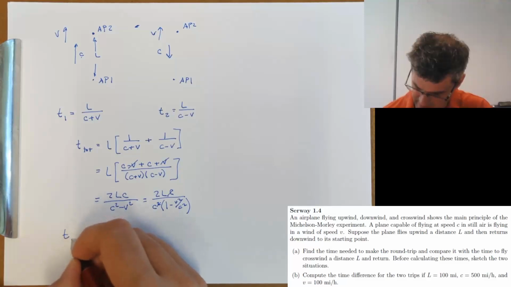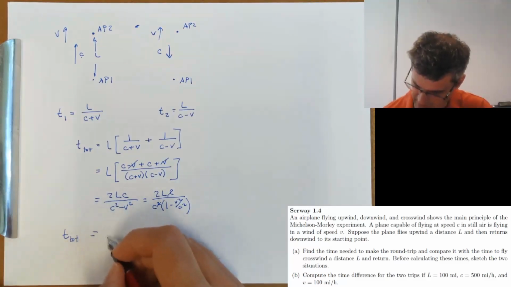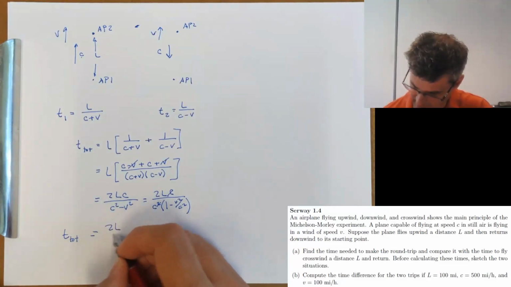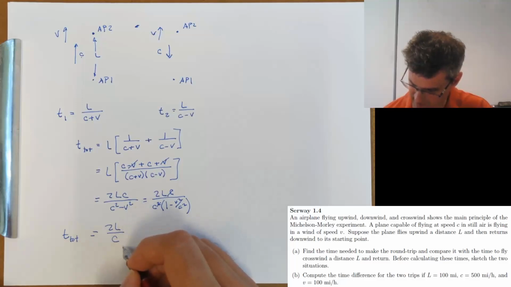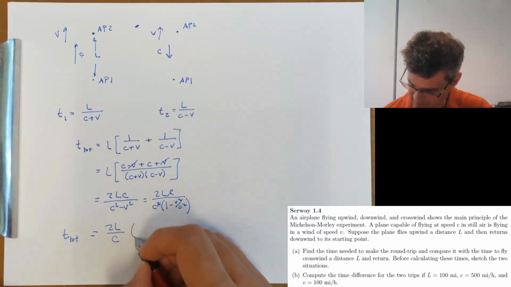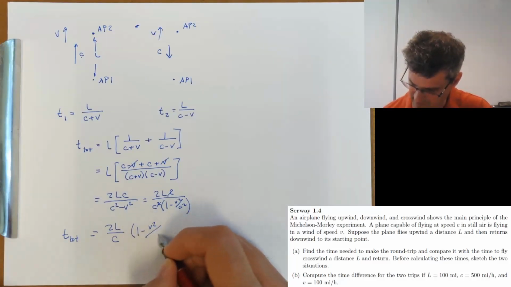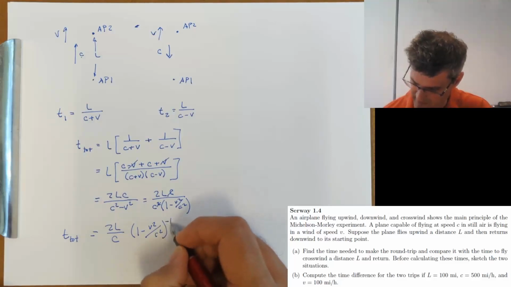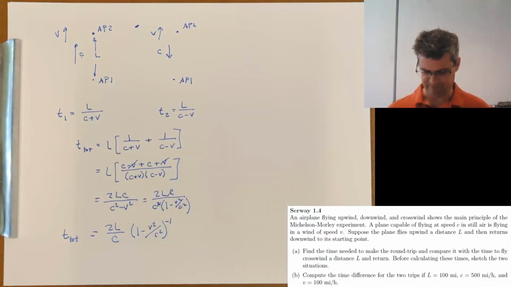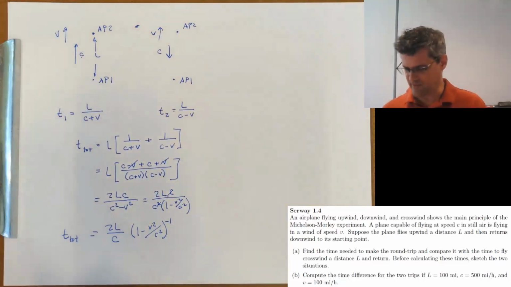So here, the total time is 2L over c, but now we have 1 minus v squared over c squared in the denominator. So let's compare these two things that we found.